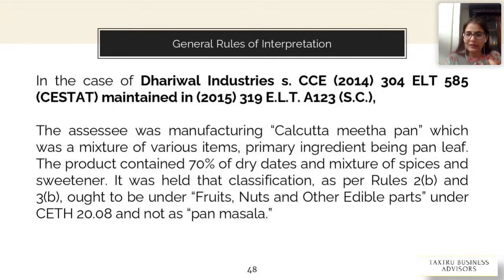So it was held that the classification as per Rule 2B and 3B ought to be under fruit, nuts and other edible parts under heading 2008 and not as pan masala. It may look like a pan masala, it may have pan in it, but still it was not pan masala because the major ingredient is date. So it was classified under chapter 20, entry number 2008.